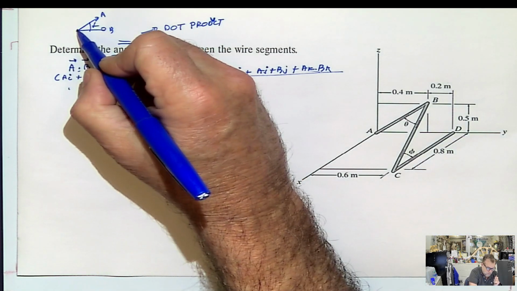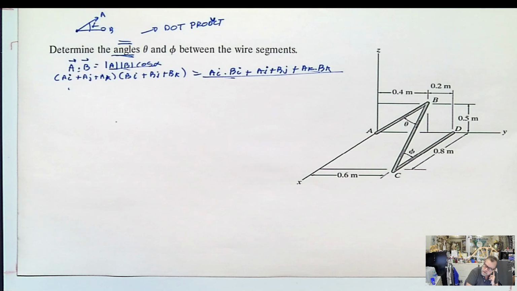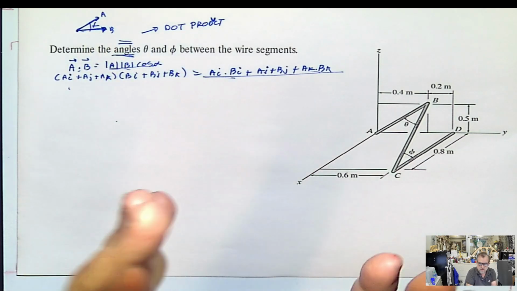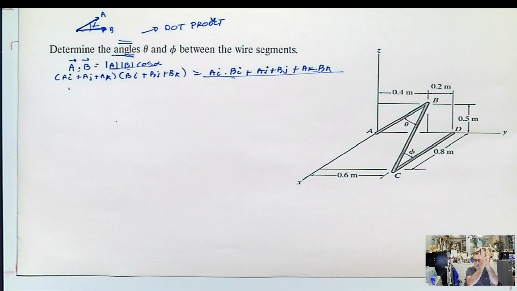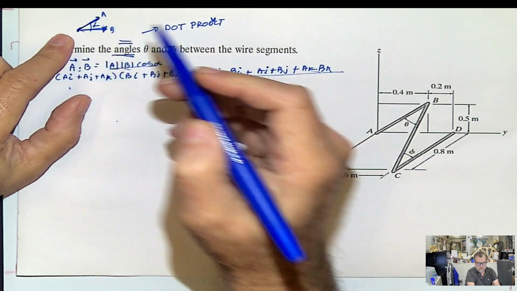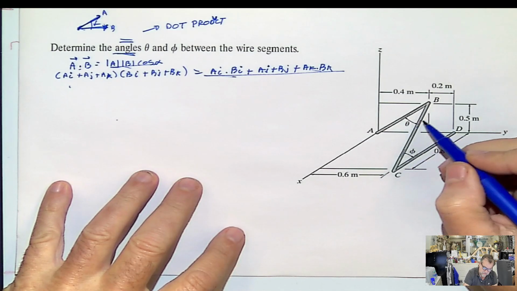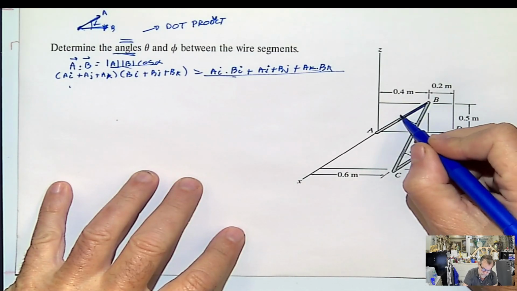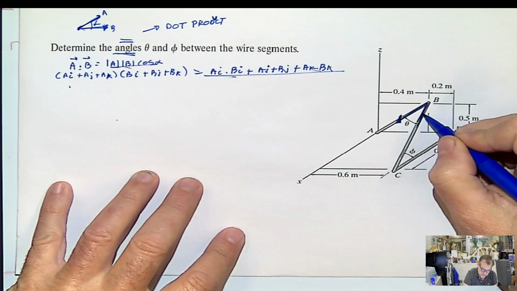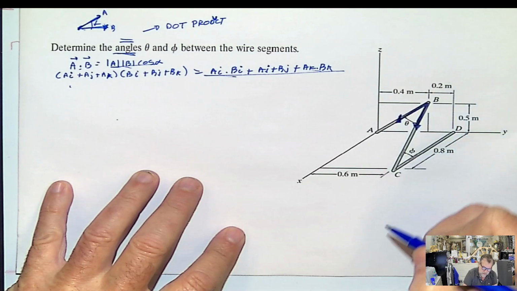One of the things that is important, and I'm sorry, I know I'm stuttering here, is that when you do the dot product, the vectors have to be tail to tail, like that. Meaning, if I want to find this angle, I need the vector BA and a vector in the direction of BC.